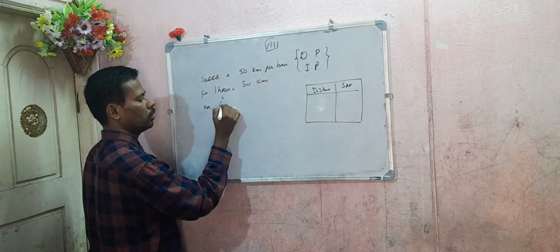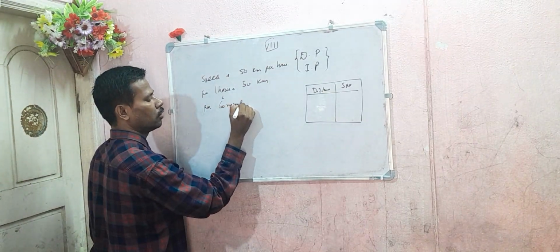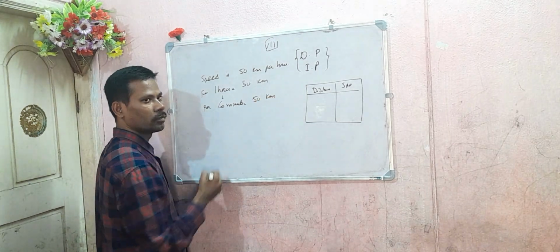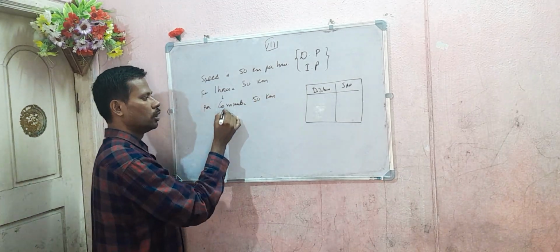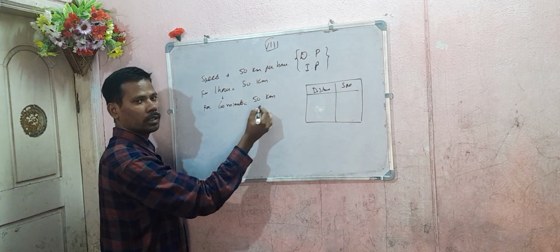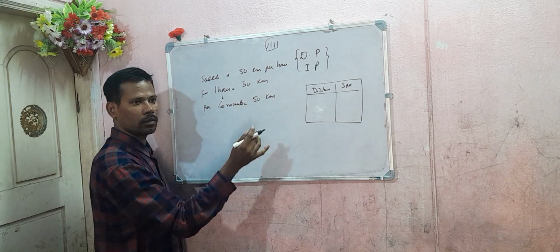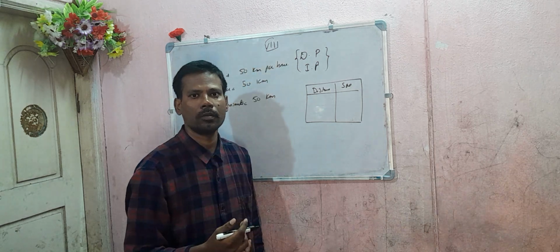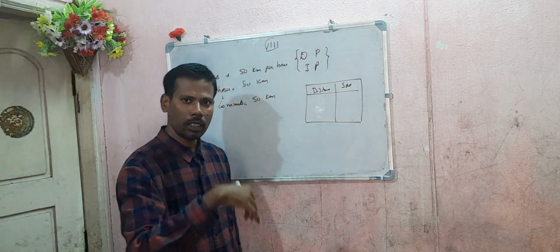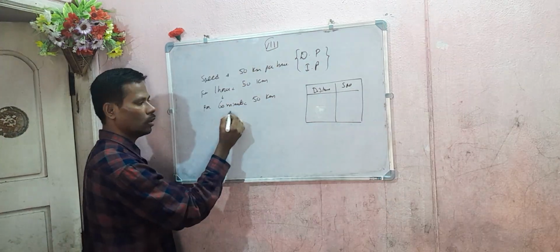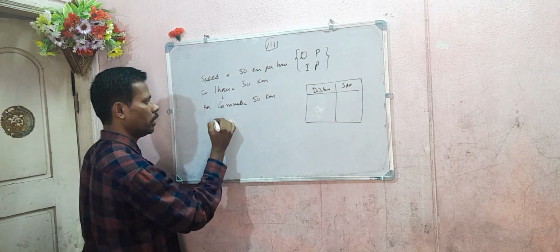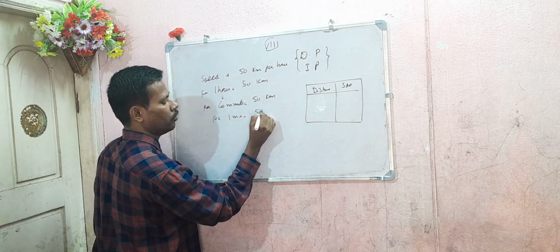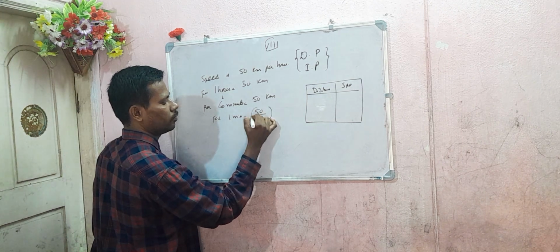So in 60 minutes you travel 50 kilometers. For 1 minute, will you travel more kilometers or less? It will be less, so you have to divide. For 1 minute, 50 by 60.